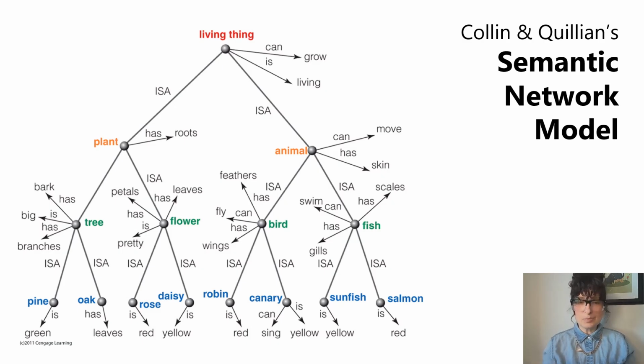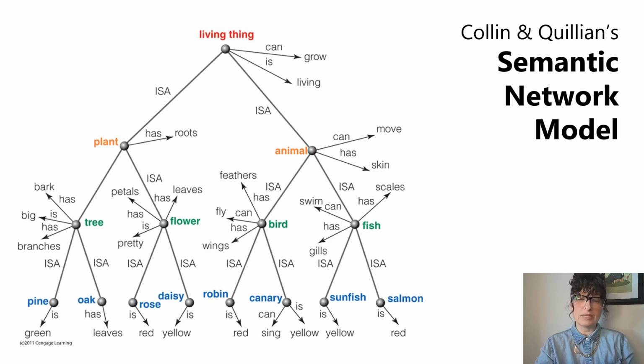It was similar in concept to Simon and Newell's logic theorist model, but Collins and Quillian's model incorporated the fact that information in semantic memory seems to be hierarchically organized. So more general concepts are going to be stored at the top of these models and more specific concepts at the bottom. And the whole thing is structured from nodes and links.